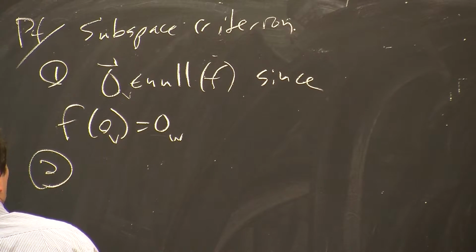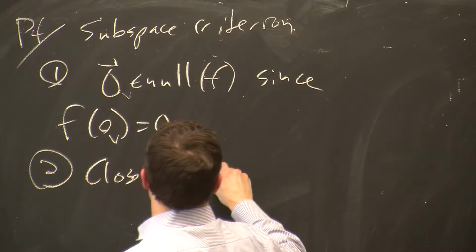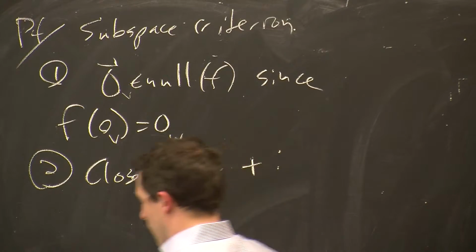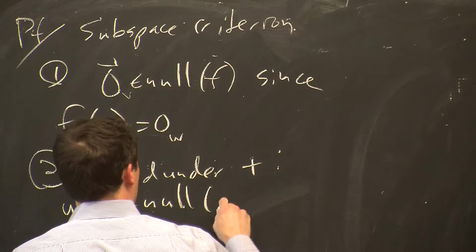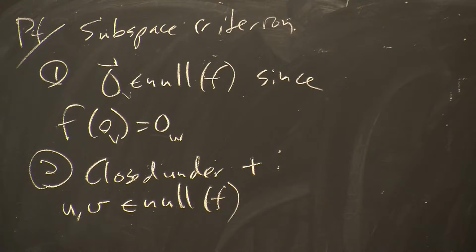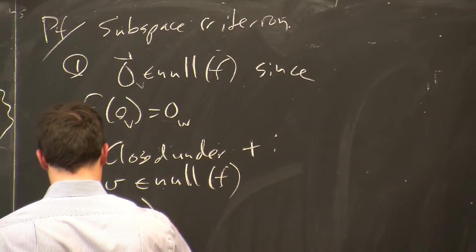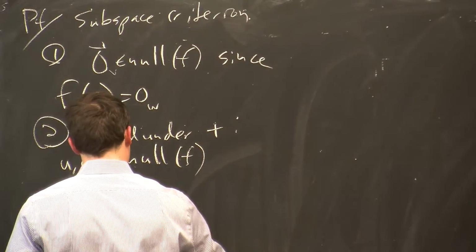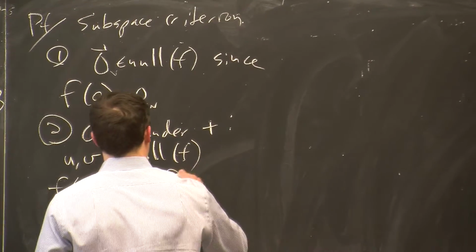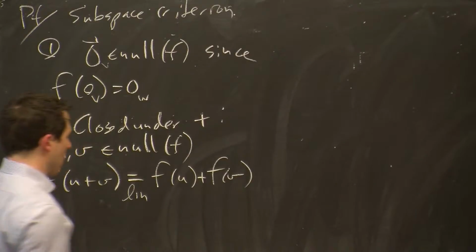Second, we want to check that it's closed under addition. Suppose I have u and v, which are in the null space of f. f of u plus v, by linearity of f, is f of u plus f of v.